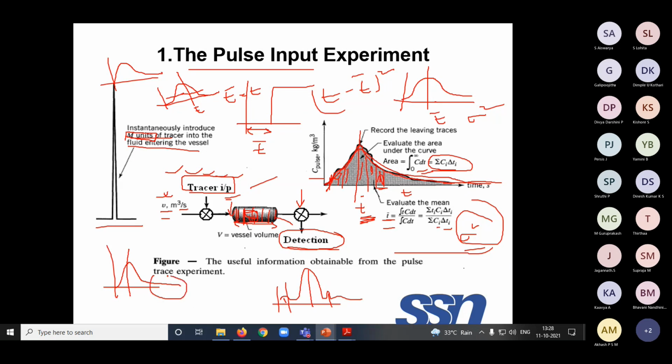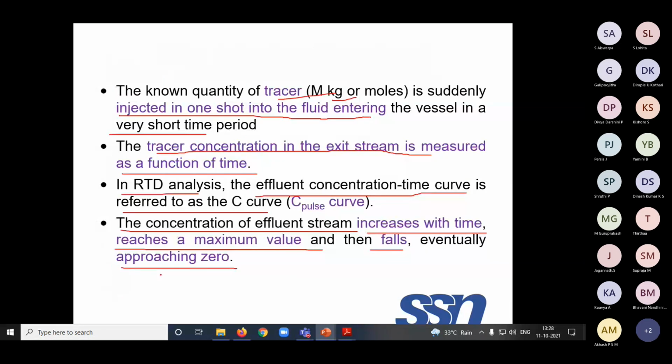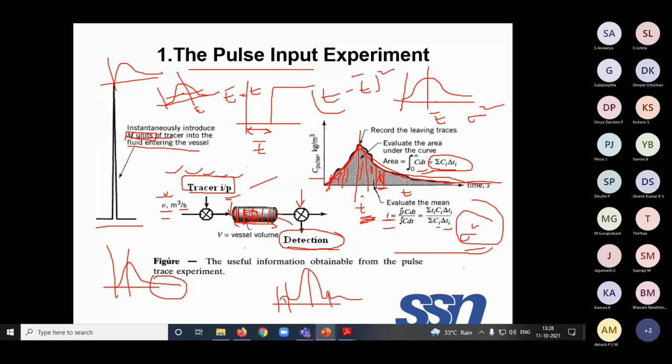Some tail on one side tells you there are some dead ends inside. The concentration of the fluid is not coming out, right? So these are some of the ways by which, looking at the C curve itself, we can tell what is happening inside, right? So generally you get a Gaussian curve. If you get a Gaussian curve, your variance will be zero, right? Because it is perfect on this side and this side.